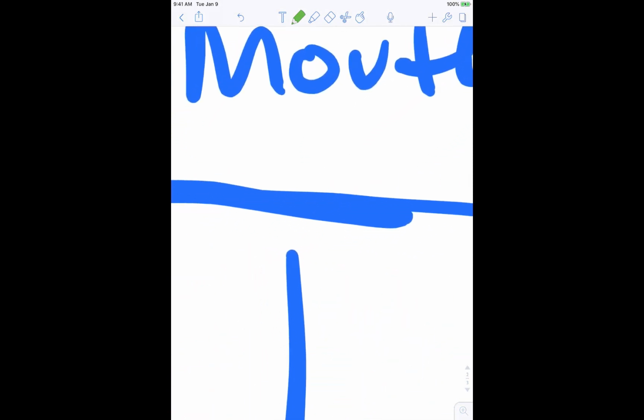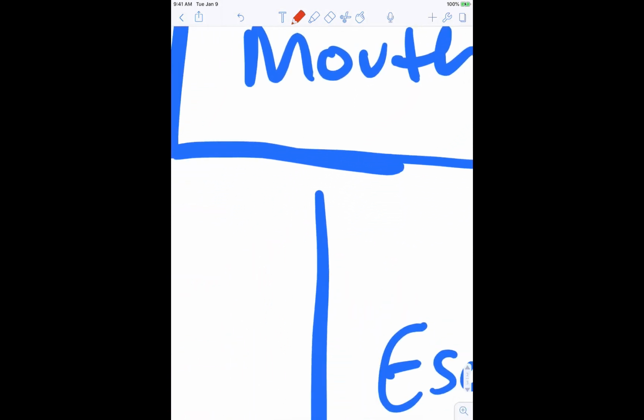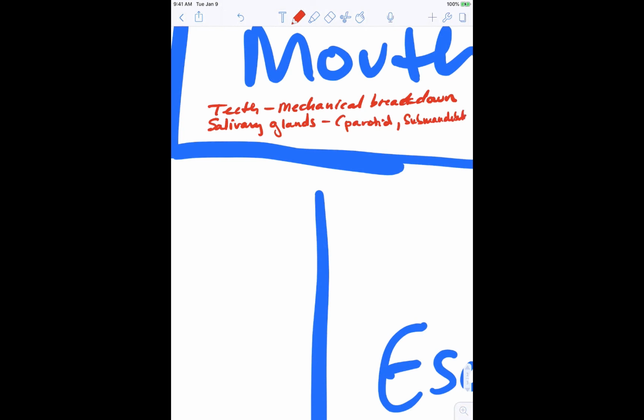First, in your mouth, you have teeth, and these will be doing the mechanical breakdown of food. And you have salivary glands. And these are the parotid, submandibular, and sublingual.